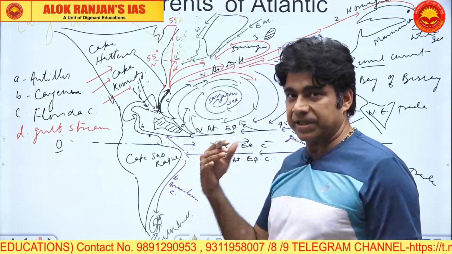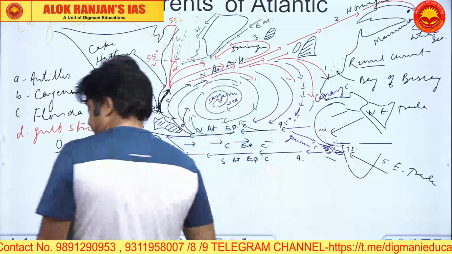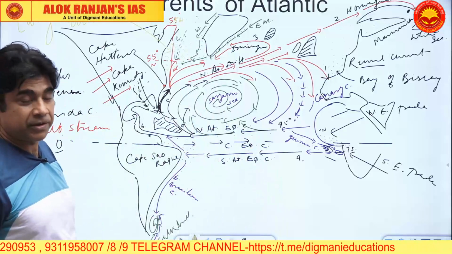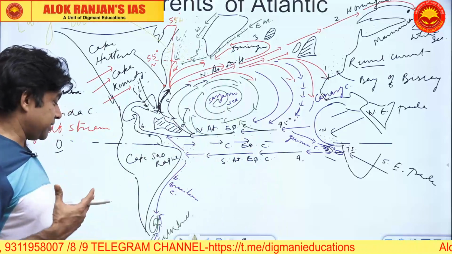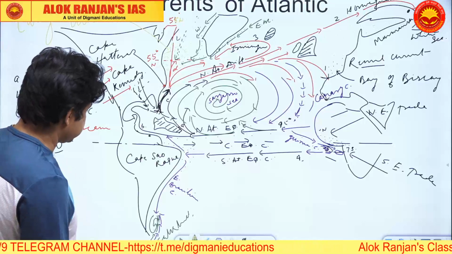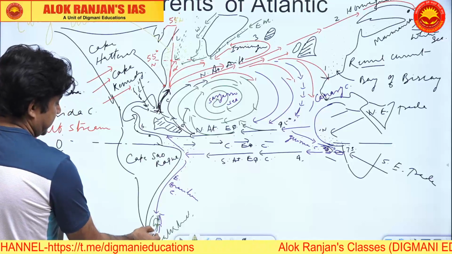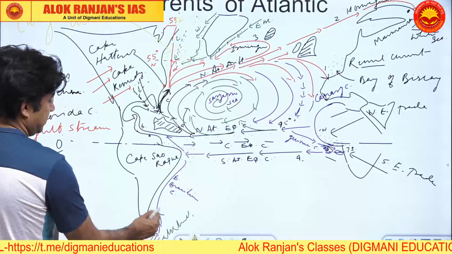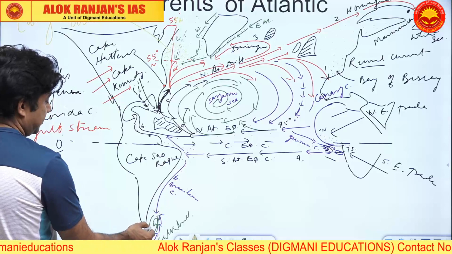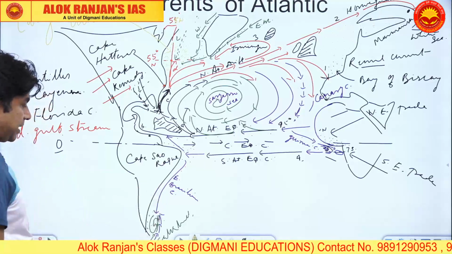Tierra del Fuego से east. और Falkland was a colony of Britain, Great Britain. British power का था. Now it has been leased out to United States America. So you have here Falkland current in this zone, and again the fishing belt. This also will be the fishing belt because Falkland is a cold current and Brazilian is a warm current. So the meeting of warm current and cold current will produce the fishing belt here.